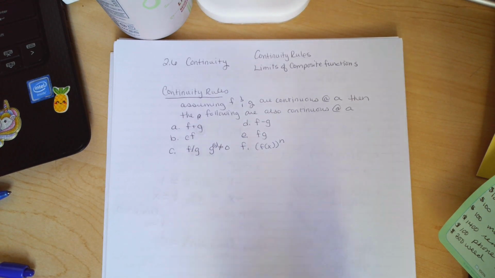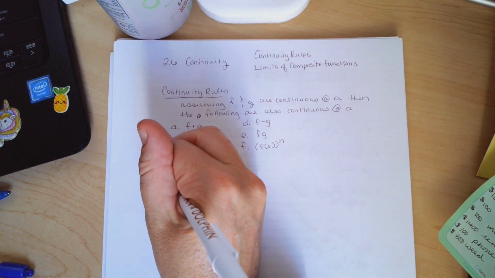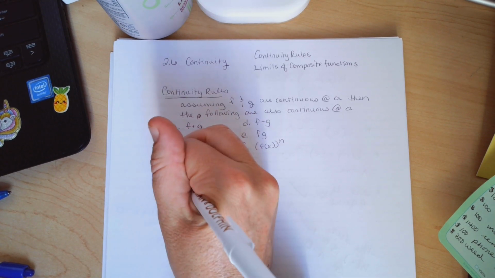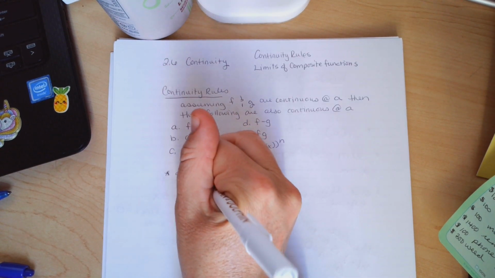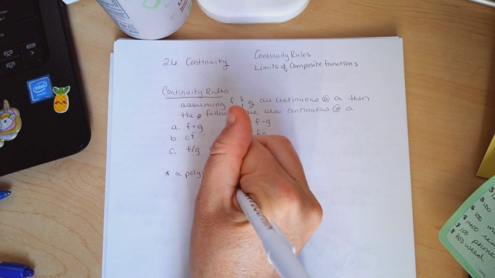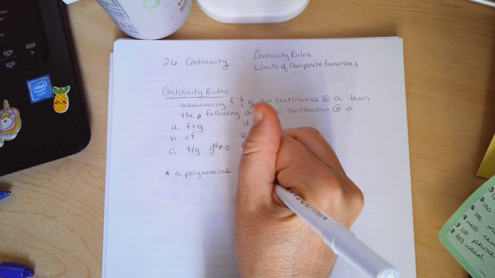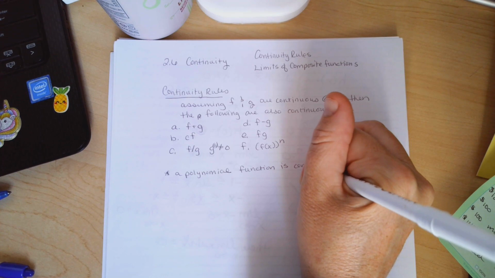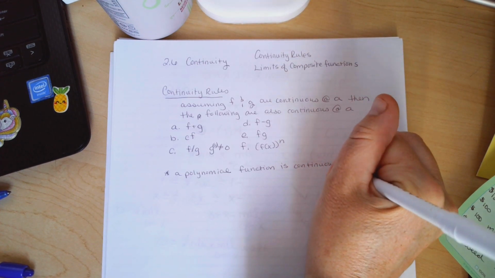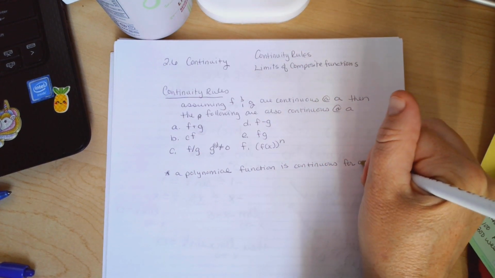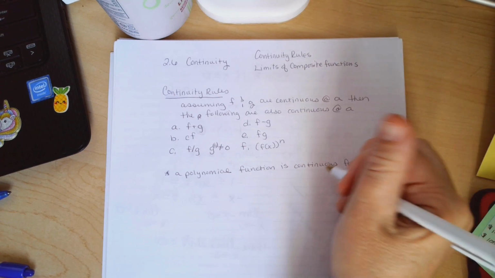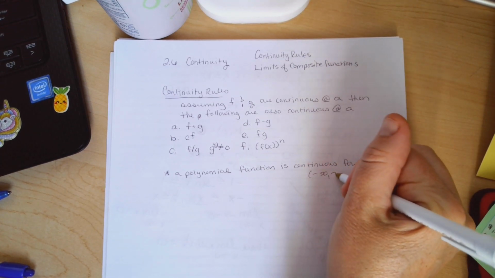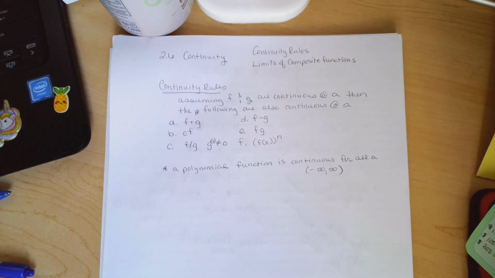You also know that, let's put a star here, a polynomial function is continuous everywhere. Okay, polynomials are continuous from negative infinity to infinity for all reals.